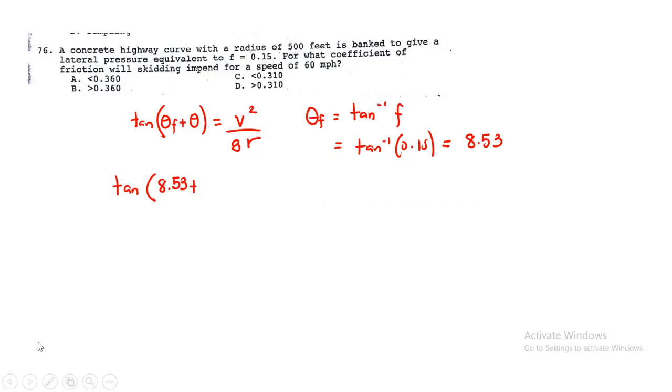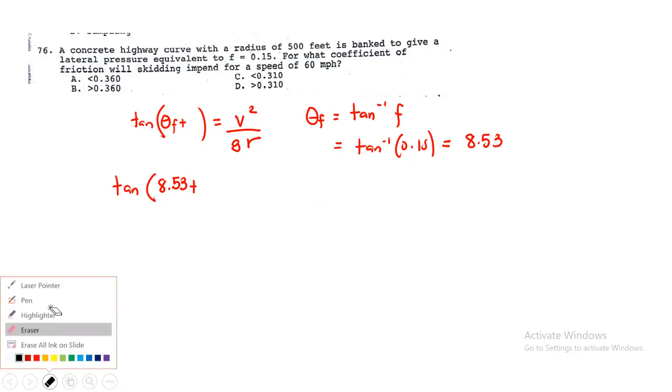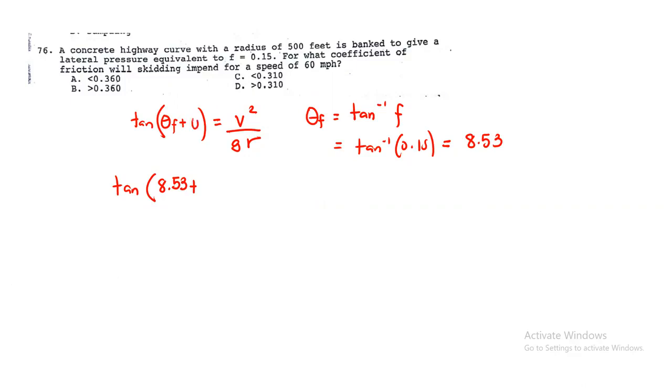plus, gawin na natin itong theta, huwag na mu. So, theta is equals to V squared over g times radius.